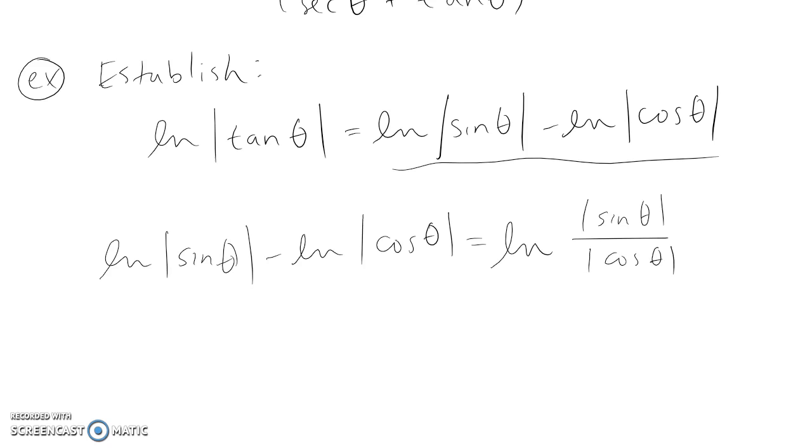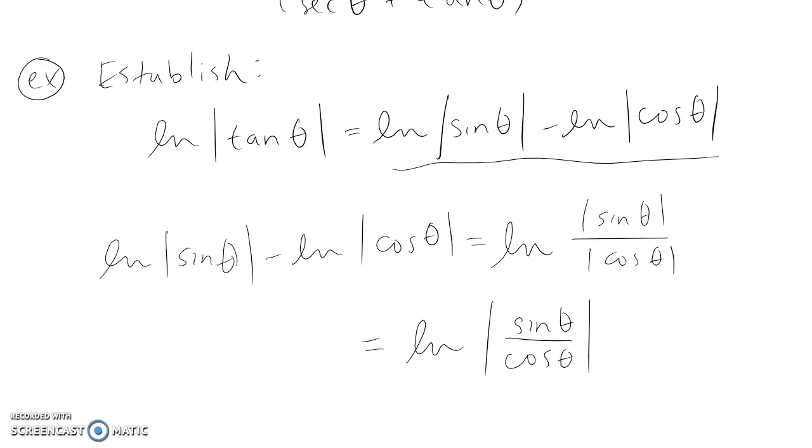So we have the natural log of the absolute value of sine theta over the absolute value of cosine theta. Well, we know that the absolute value of each of the cosine and the sine are positive, so we can put them all underneath one absolute value bar, because that's going to be positive also.